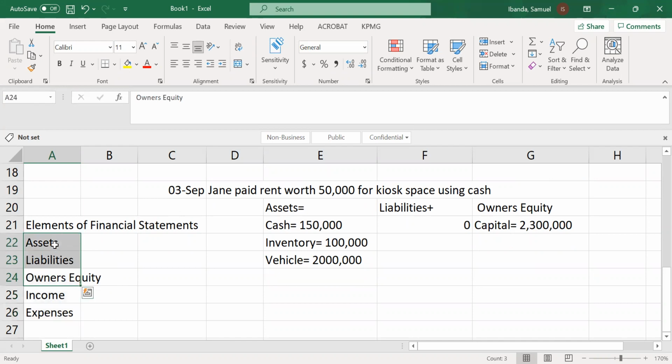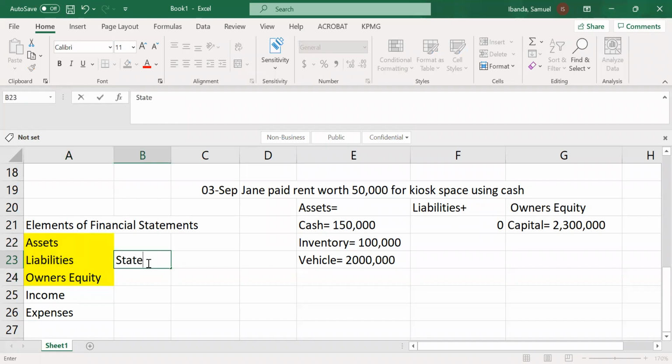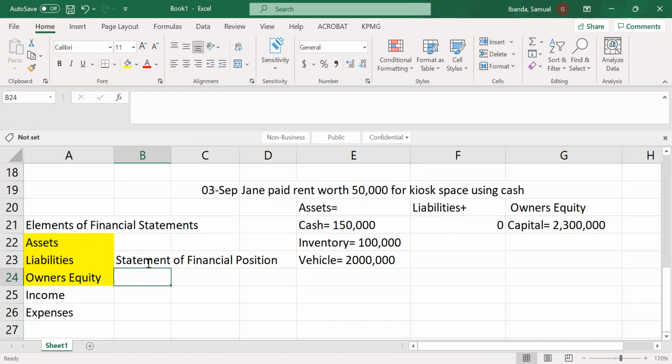Now, the accounting equation specifically looks at these first 3: assets, liabilities, and owner's equity. These are the aspects that also go into what we call our statement of financial position. So basically, the accounting equation is a representation of how transactions affect the balance sheet.